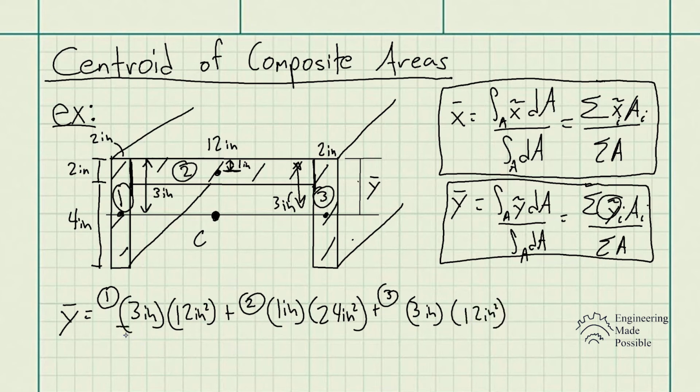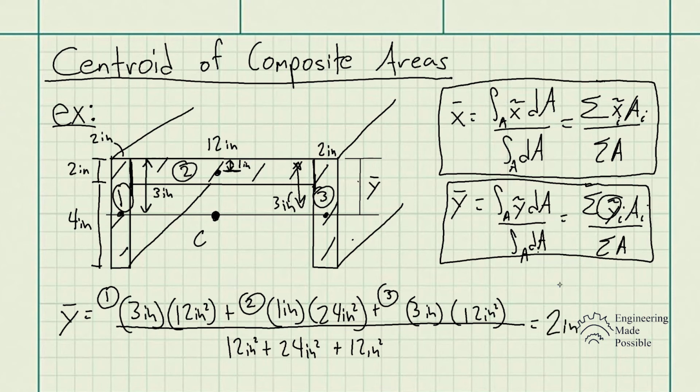Then divide that by the sum of all the areas. The cross-sectional area of the first rectangle is 12 inches squared, plus the cross-sectional area of number 2, which is 24 inches squared, plus another 12 inches squared. Just calculate that and we get our y bar equal to 2 inches.